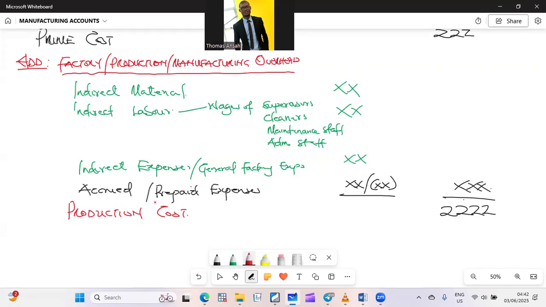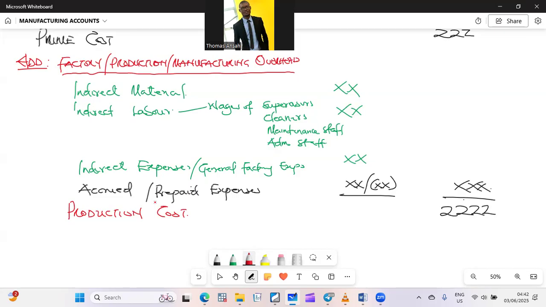So it means that that thing is still in the production process. All right. So before we take anything to the trading department, this is like a departmental account. So we have the manufacturing department, then we have the trading department. Before you carry everything to the trading department, we must understand that there are instances where they were producing something, and because it's still in the production process, you cannot sell it.